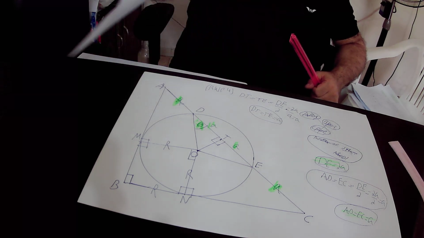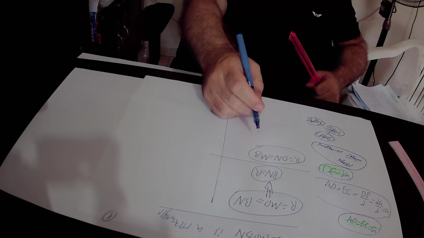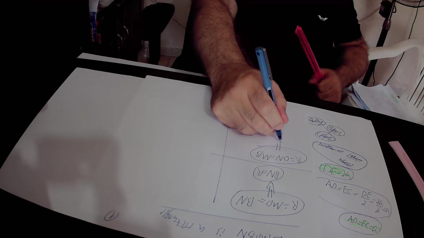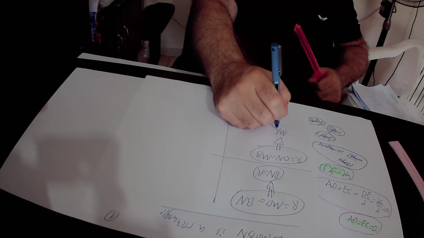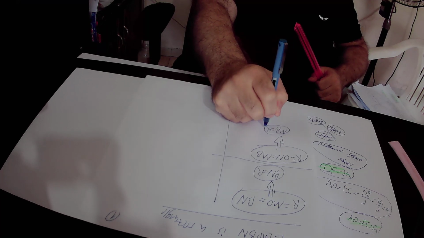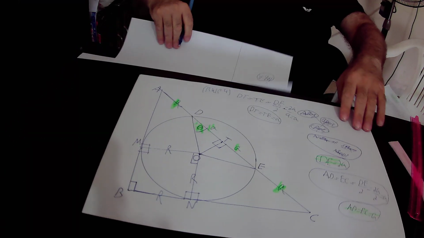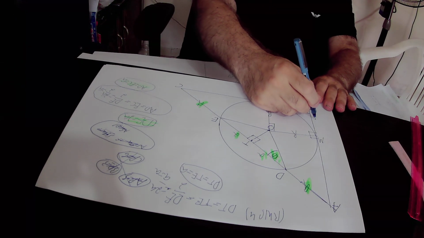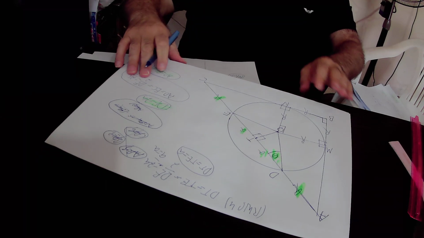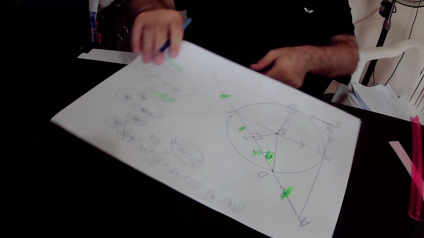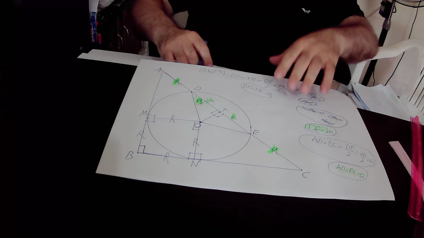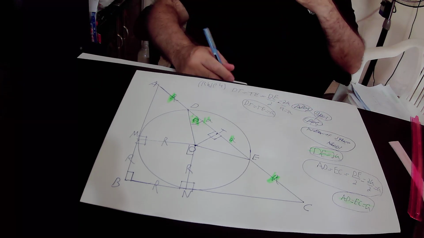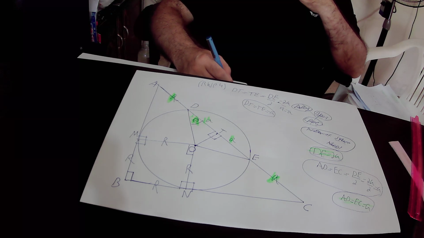And from this equation, R equals ON equals NB, we will derive that NB is also equal to R. So we can write here that NB equals R. So we actually found out that quadrilateral MOBN is not just a rectangle but a square because all of its sides are equal to each other. Quadrilateral MOBN is a square.